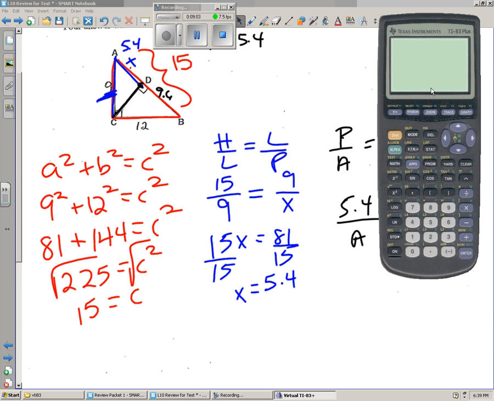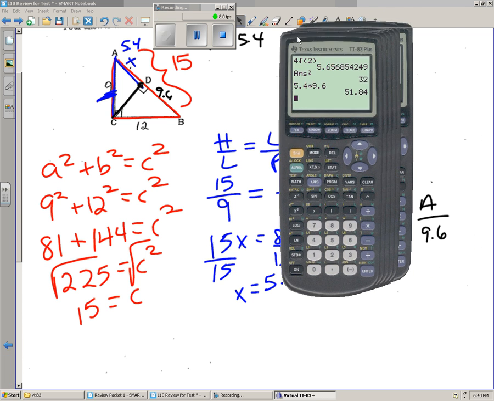Oh, there we go. 5.4 times 9.6 gives us 51.84.